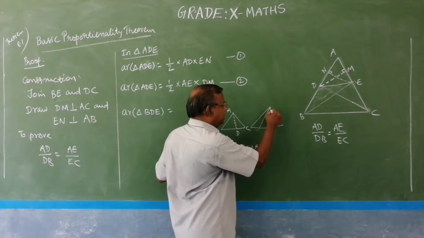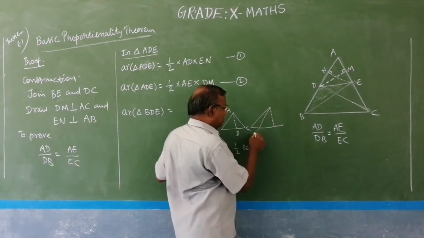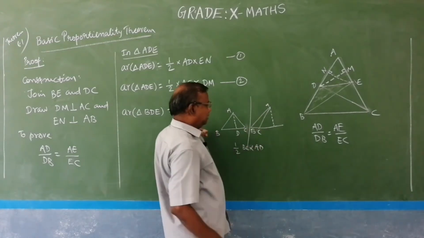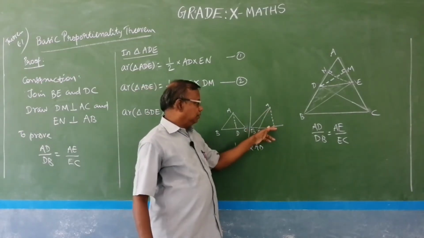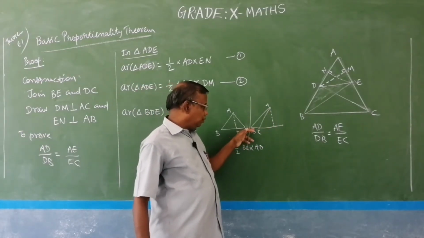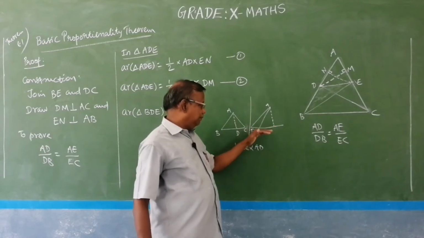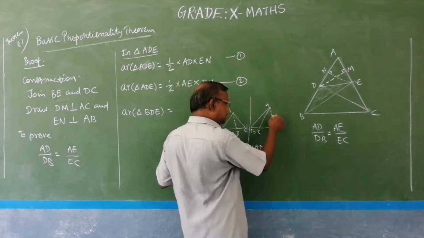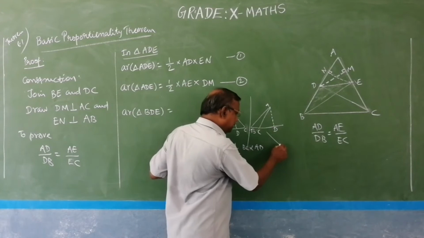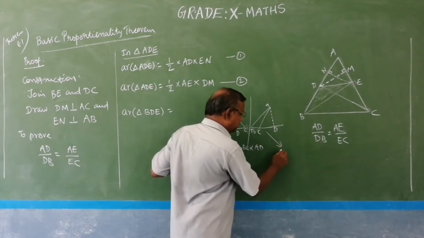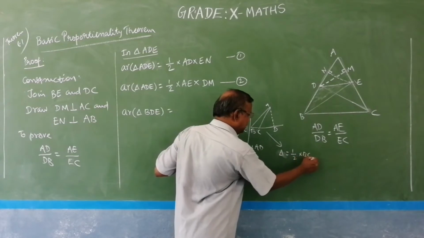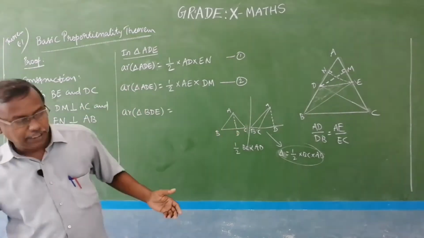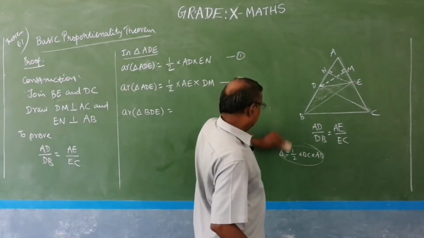So we have to draw it externally when the base is produced. Let ABC be another triangle like this. We can't draw the altitude within the triangle, so we need to produce one side. Let me produce BC, because I am going to take BC as the base, and draw AD externally. In this case also, the area of the triangle is equal to half into base BC into height AD. This you have studied in the earlier classes. So the same concept we are going to use here.